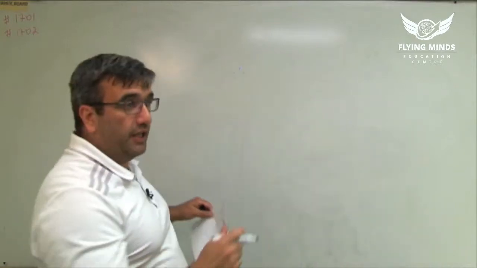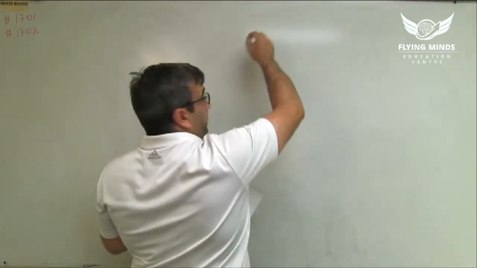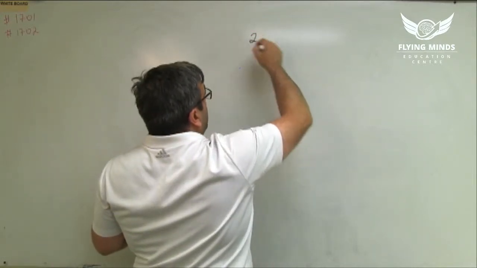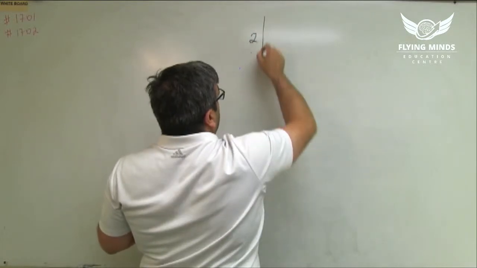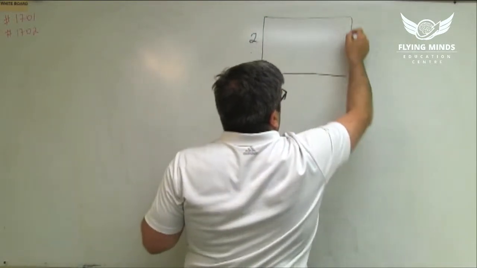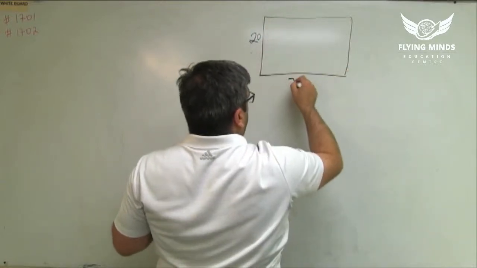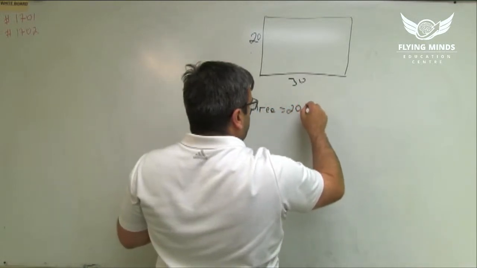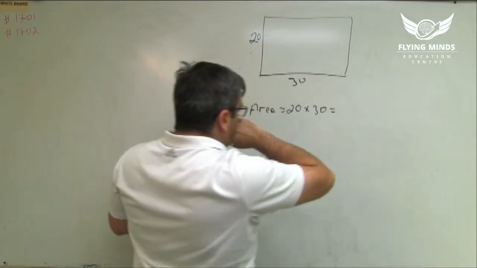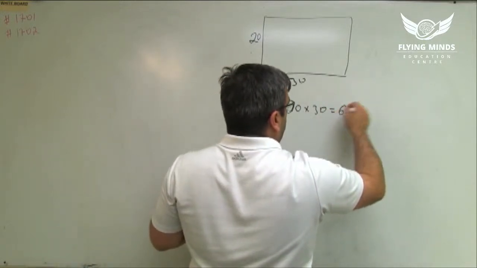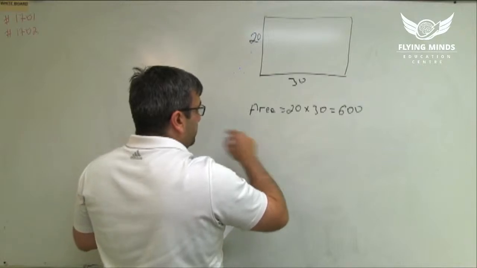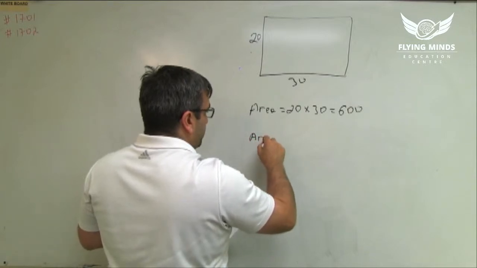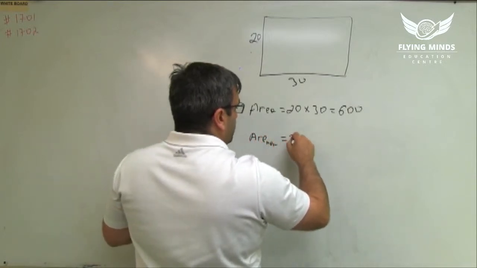So first we need to find the current area of the playground. It's 20 by 30. So the current area is 20 times 30, so it will be 600, and we want to double, right? New area, right?